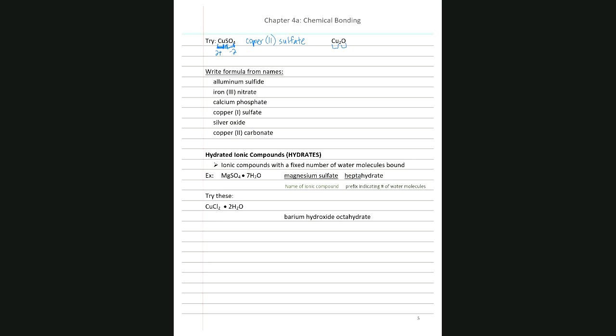Good. Come on, stylus. There we go, 2-. So then what must the charge on those copper ions be? 2+. There's 2 of them though, so if it's 2+, then we'd have a total of 4+ charge.